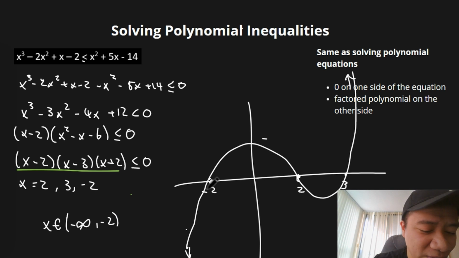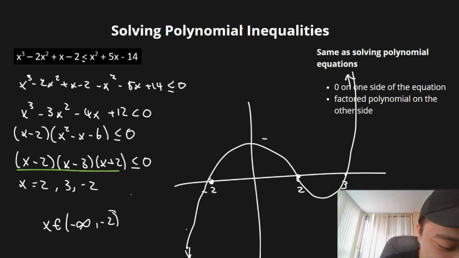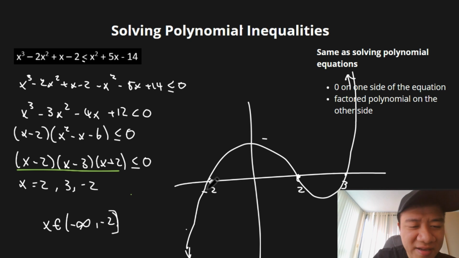So the way we do that is we use a square bracket instead. So if we have less than or equal to 0, then we want to include the point negative 2, and the way we notate that is using a square bracket instead of a round bracket. Okay, but since this case it's not like that, then we're going to use a round bracket instead.